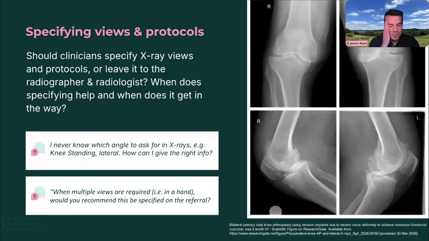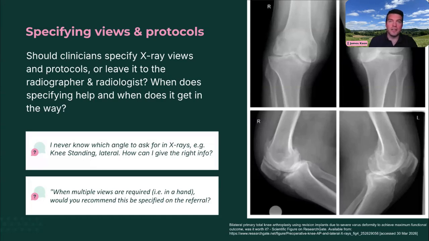So there's a number of factors here, I suppose. First up is that under IR(ME)R, the referrer's job is to provide enough clinical history so that the radiology team as a whole can justify the exposure. They are then going to answer your clinical question in a way that is most appropriate and which minimizes the radiation exposure, and that's their job.